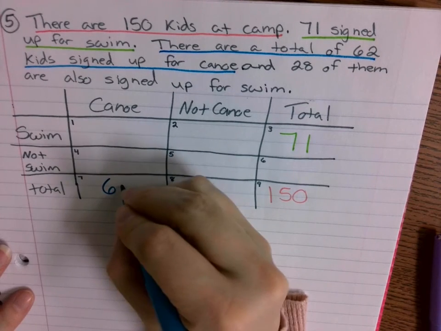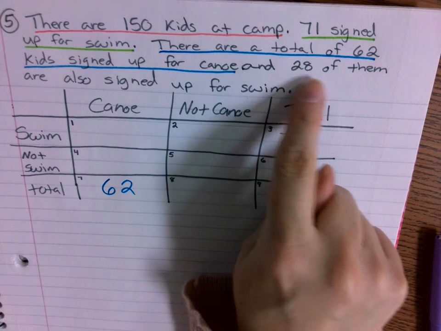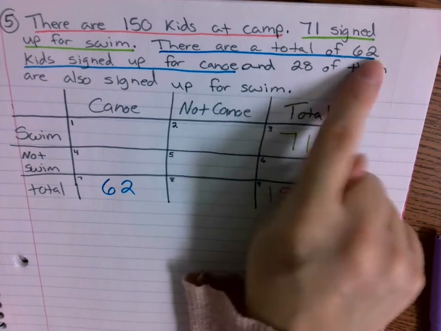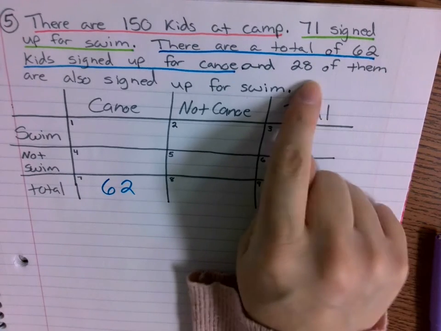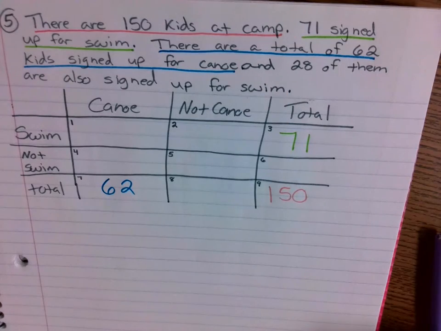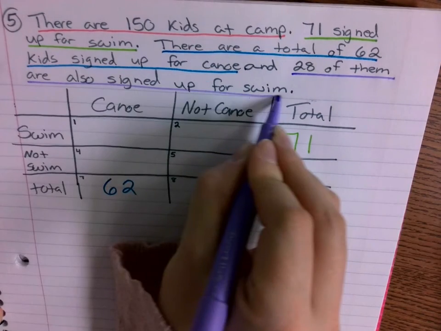And then of those students, 28 of them are also signed up for swim. So of the 62 students that they're talking about from canoe, 28 of them are also signed up for swim. So where are we going to put that value?